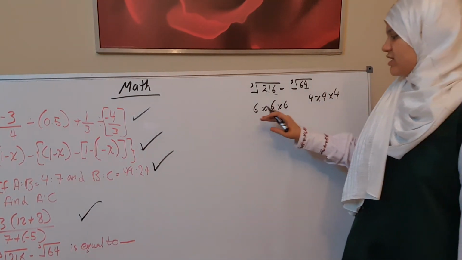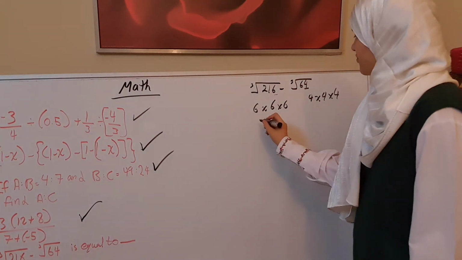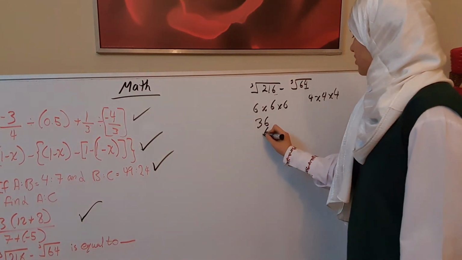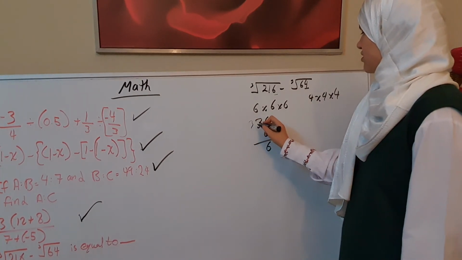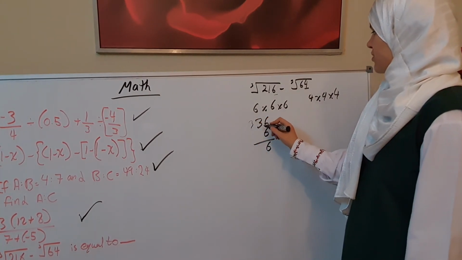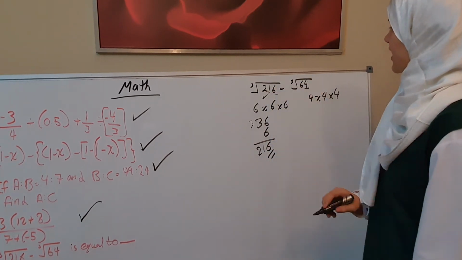So 6 times 6 is 36, okay? And 36 times 6 is 216. So the first number is correct.